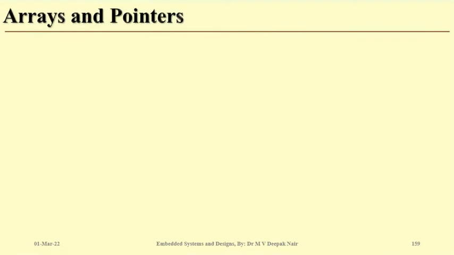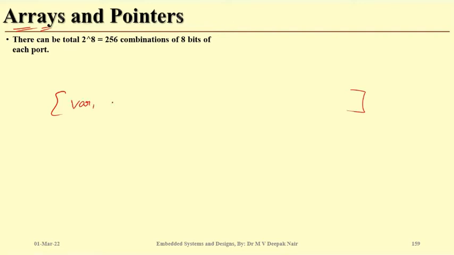arrays and pointers to use the features of different registers. First of all, arrays: we remember arrays are a set of variables having a common data type, like var1, var2, var3, and so on, var n.